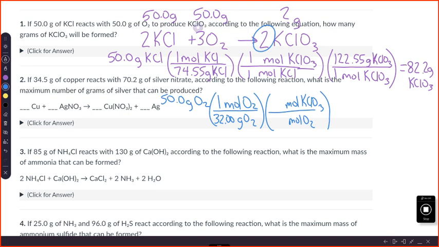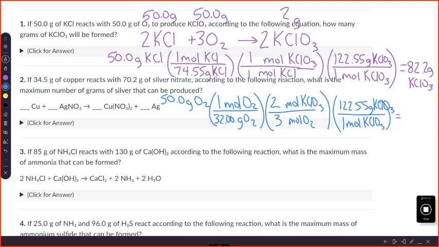This time it's a 2 to 3 ratio. And I get to just reuse this exact same molar mass from right here, 122.55 grams of KClO3 is 1 mole of KClO3.